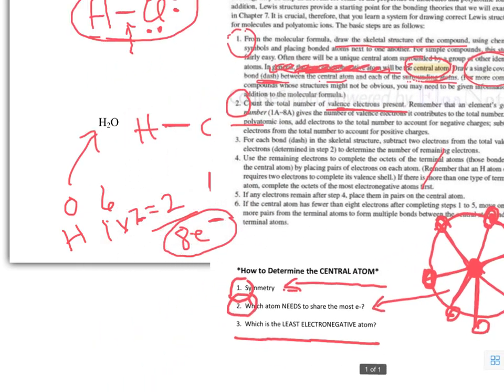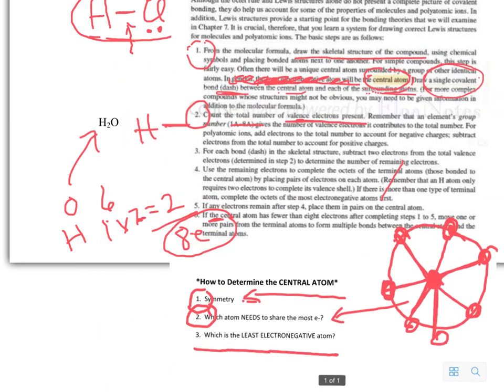Now, rule number 3. For each bond in the skeletal structure, remember we already drew single bonds, for each of those, subtract 2 electrons from the total we just calculated. That determines how many electrons still remain in the structure that we'll have to put in.